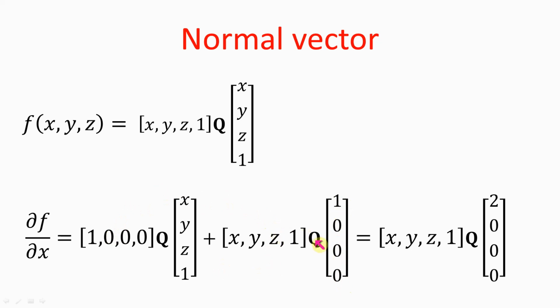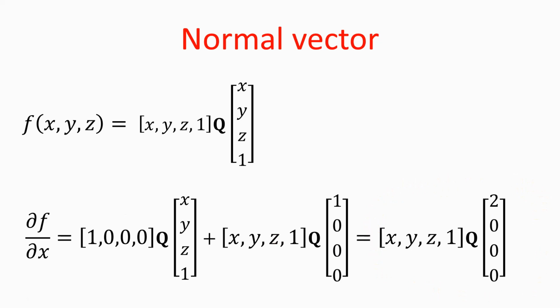However, if Q is a symmetric matrix, instead of adding these terms, we can multiply any of the two terms by 2 because these two terms are equal. Okay, so this is the partial derivative with respect to x.